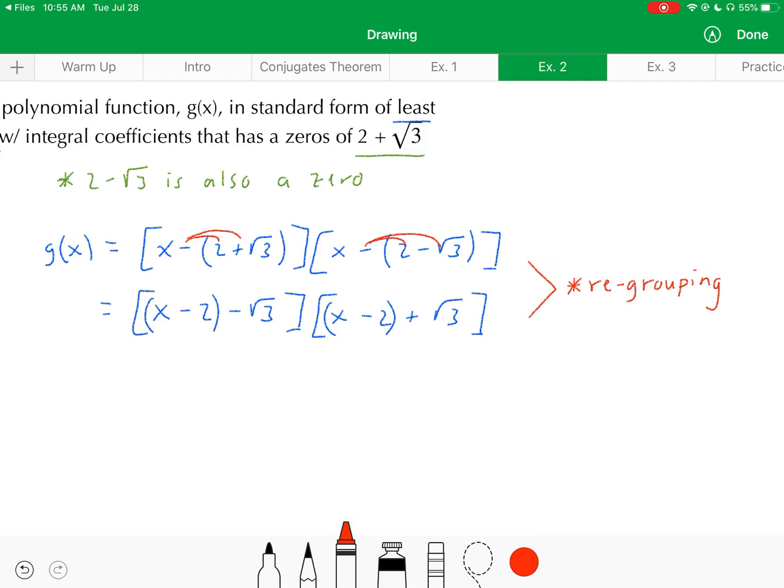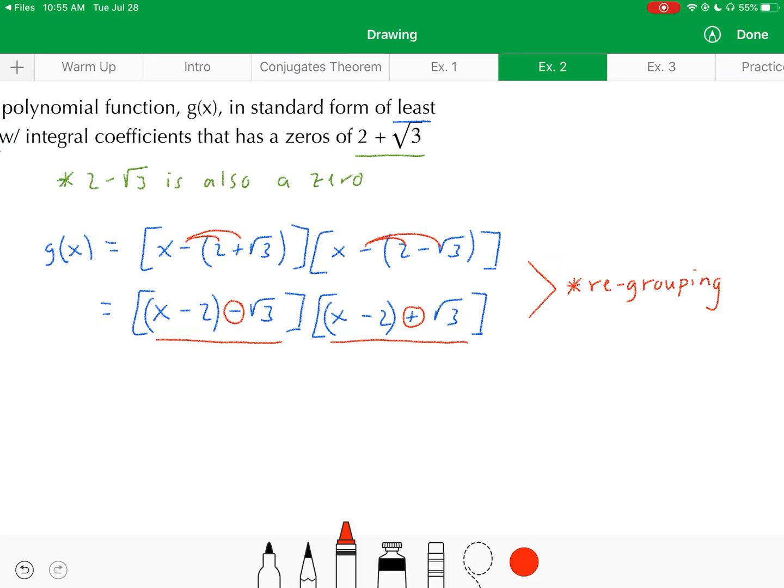And regrouping is very helpful in this situation because notice that this set of brackets as well as this set of brackets, the only thing that's different between the two is the sign in the middle, right here and right here. So that actually tells me I'm working with conjugates. And I like conjugates because when I multiply them out, the outside parts of FOIL and the inside parts of FOIL cancel each other out.